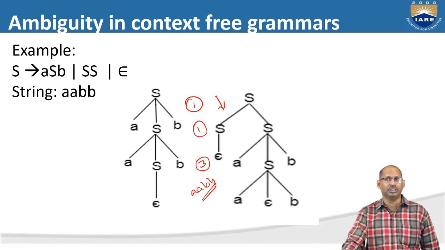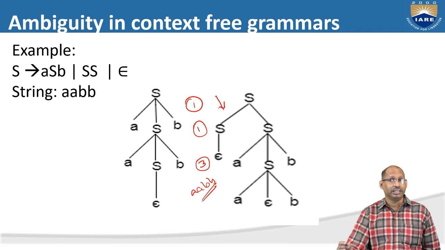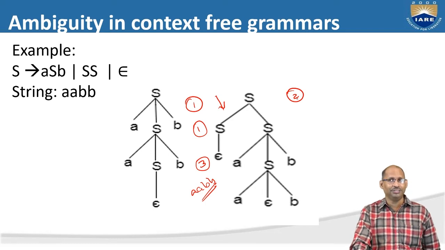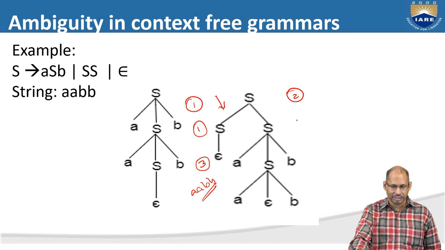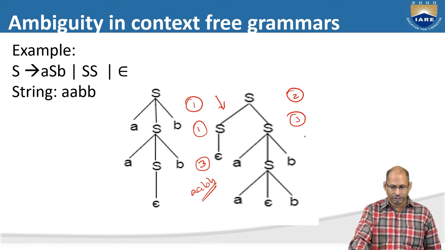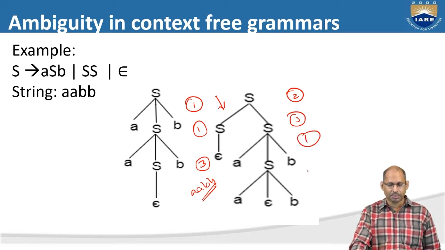But if you observe this one, this is also a leftmost derivation only. First, we are considering step 2 as using two S's. Then, we are considering the third step as gives epsilon. Then, we are considering the first step as gives ASB.